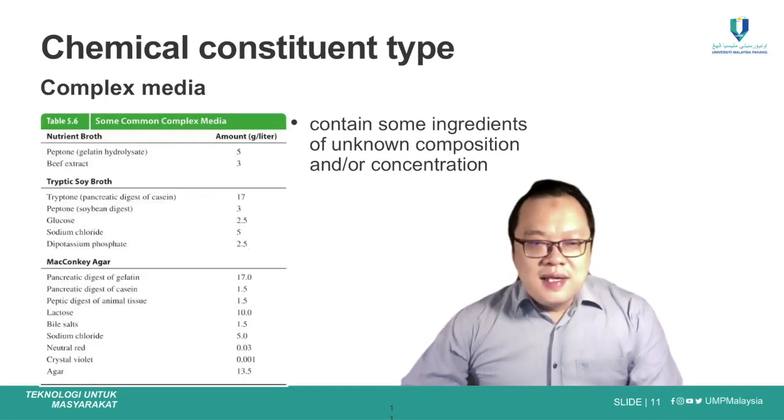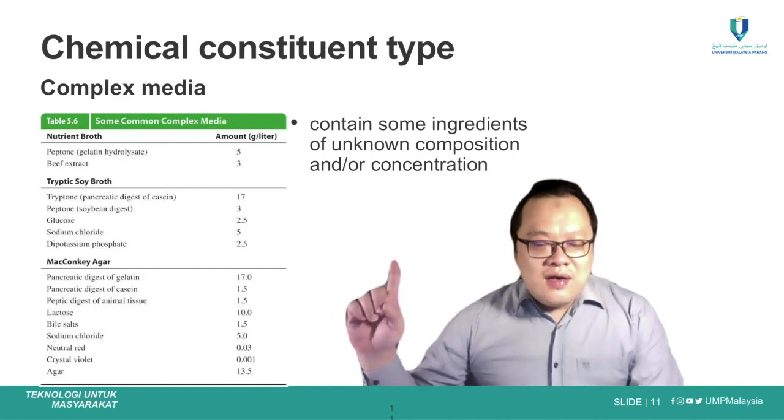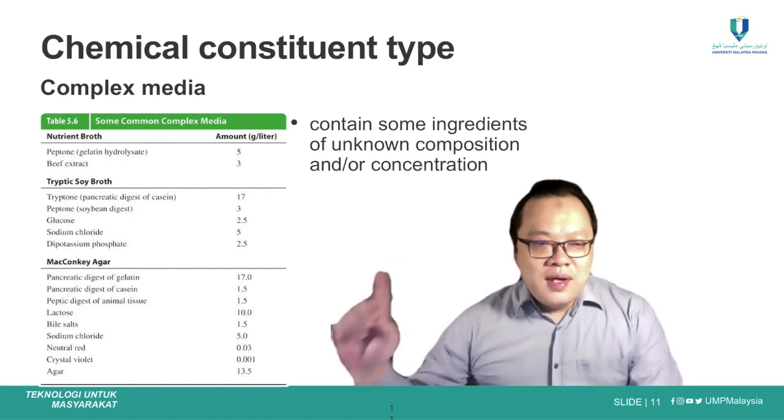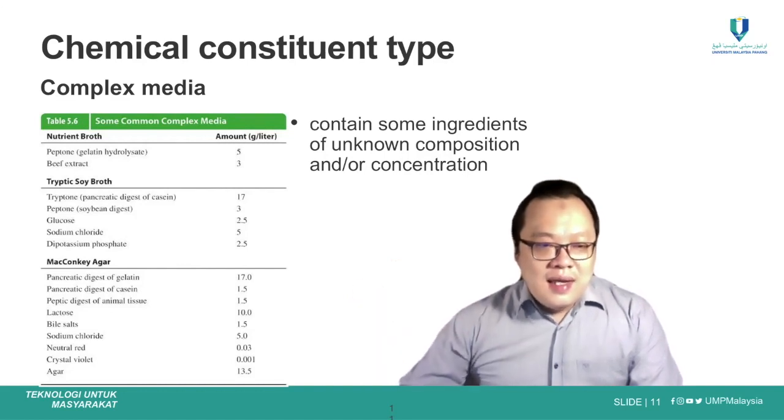In comparison, the complex media contain some ingredients of unknown composition and/or concentration. As you can see, there are complex ingredients being added such as peptone, beef extract, and also the pancreatic digest of casein.